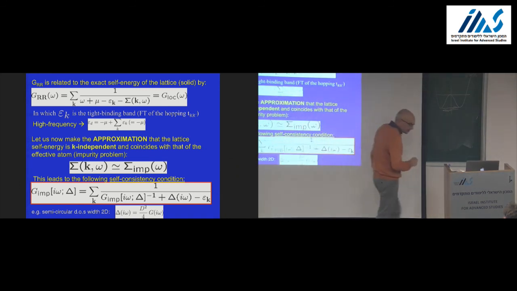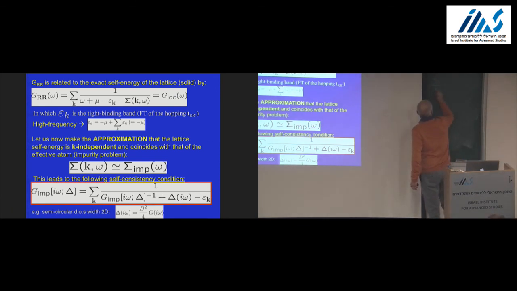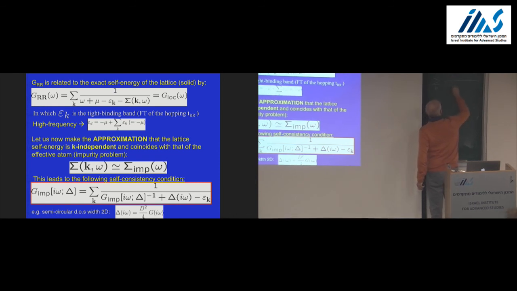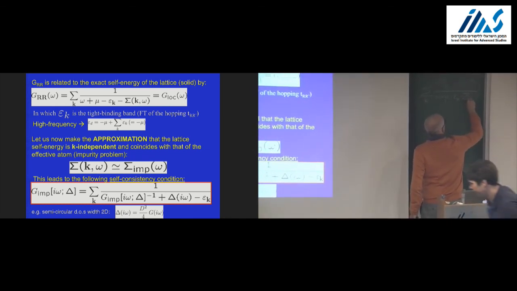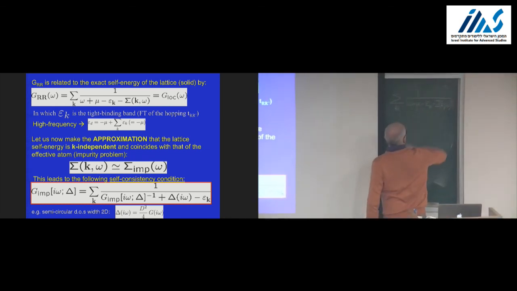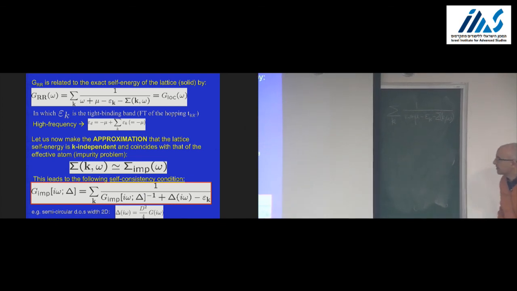In the lattice problem, the local Green's function is going to be obtained by summing over k the full Green's function, which is something like this. That will be my local Green's function, right?